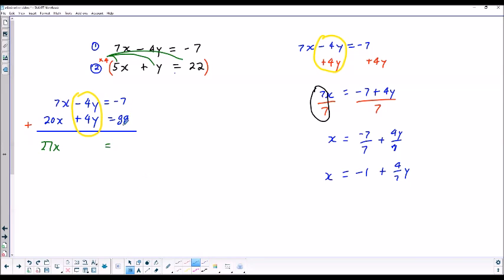And then negative 7 plus 88 gives me 81. So I've got 27x equals 81. I want to divide both sides by 27, so here I'm forming a 1 with the 27 over 27. That gives me x equals, and 81 divided by 27 would be 3. And there we go, that gives me x equals 3.